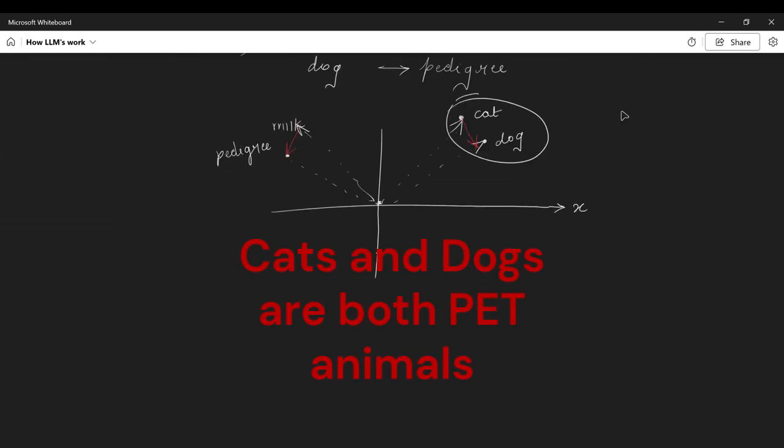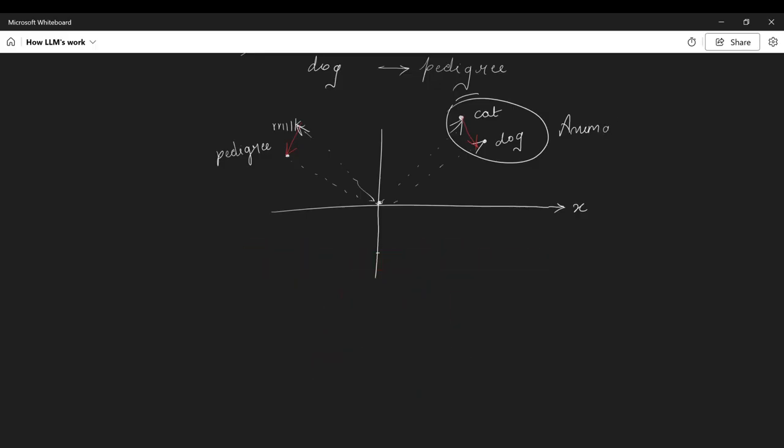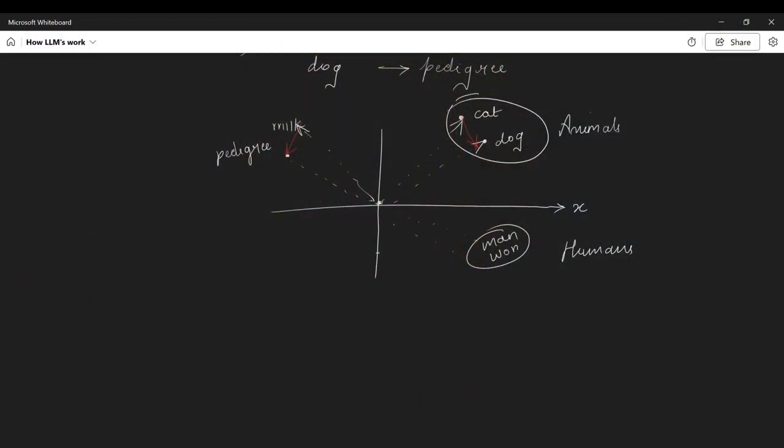We know that cats and dogs are animals, and there's a high possibility that humans have plotting somewhere nearby in coordinates, but exactly in the opposite direction. So there's a high chance that man, woman, girl, boy might be plotted here.